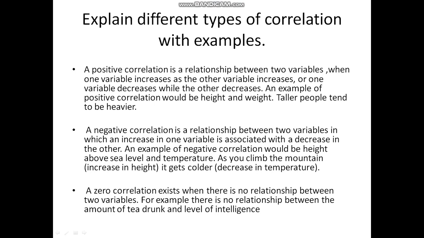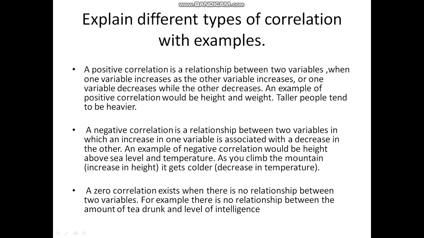As you climb up the mountain, which means your height is increasing, it gets colder, which means your temperature is decreasing, right? So that is the negative correlation, which is indirectly proportional. As one value increases, the other value decreases. And positive correlation means it is directly proportional.